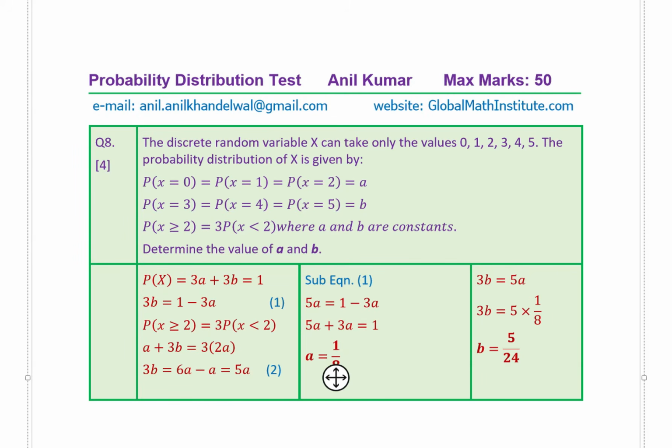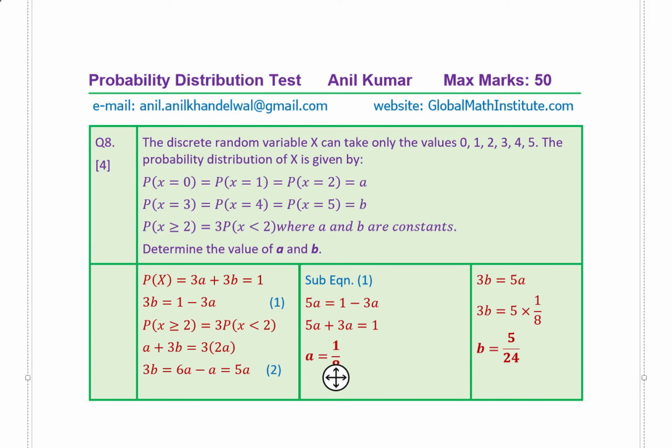Now here is the last question. The discrete random variable x can take only the values 0, 1, 2, 3, 4, and 5. The probability distribution of x is given by: the probability x equals 0 is equal to the probability x equals 1 is equal to the probability x equals 2, and all these values are a.